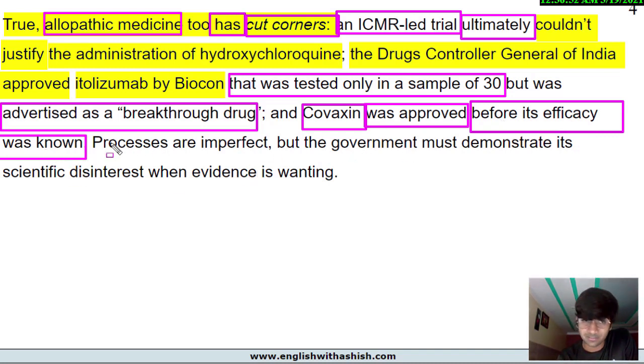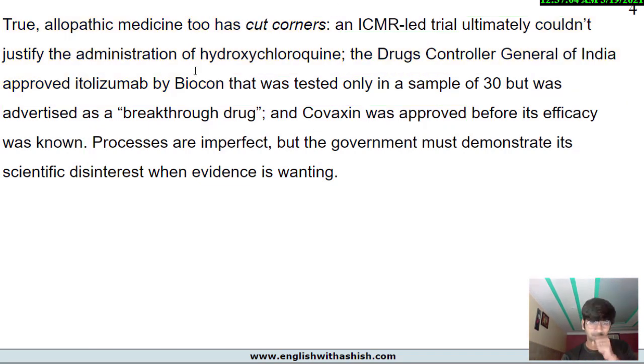So subject plus verb, a clause, right? This is the complete sentence, starts here, ends here, and everything is related.